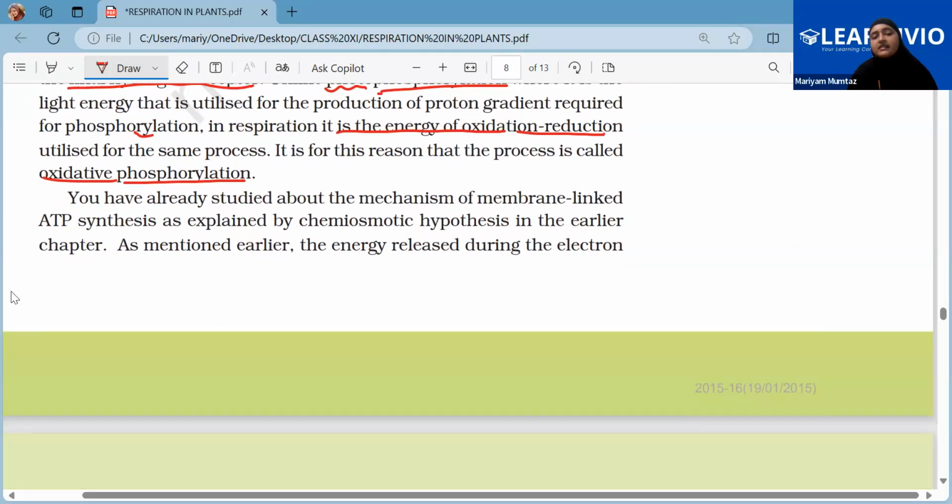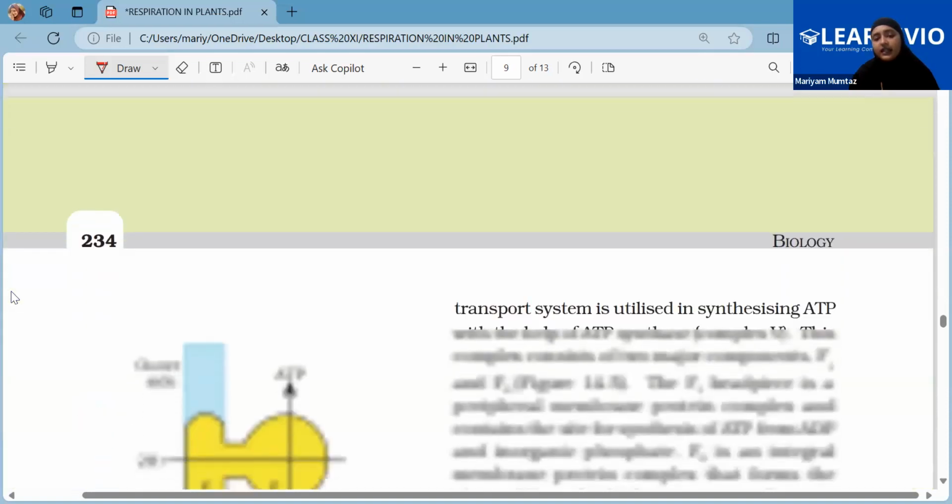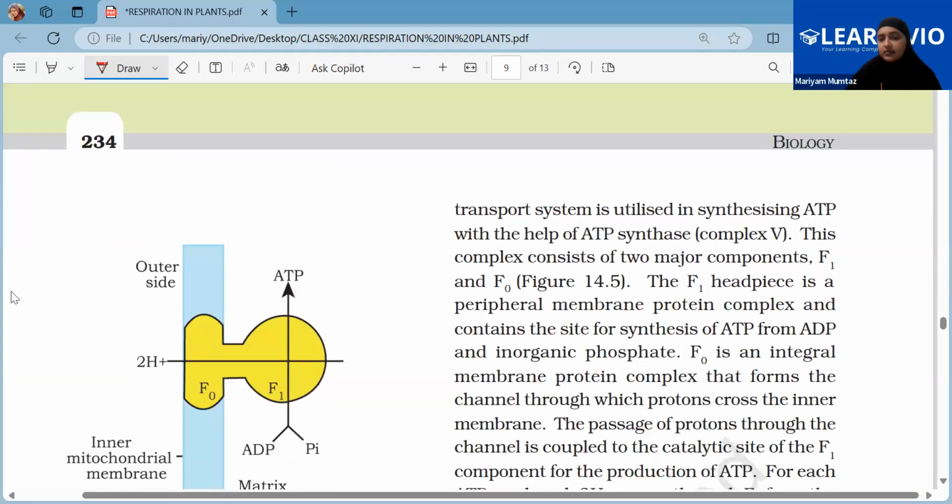Now, you have already studied the mechanism of membrane-linked ATP synthesis in the chemiosmotic hypothesis. The energy released during the electron transport system is utilized in synthesizing ATP with the help of ATP synthase, that is complex 5.